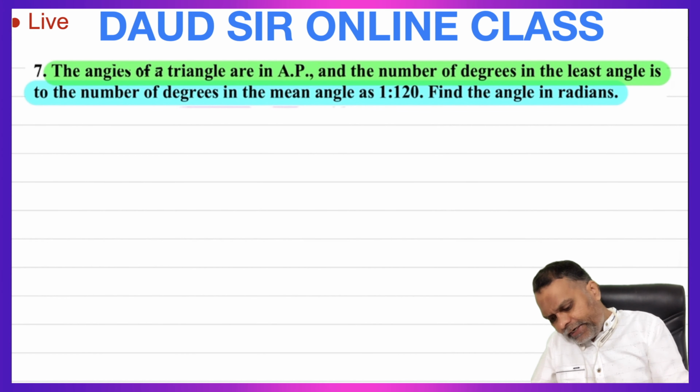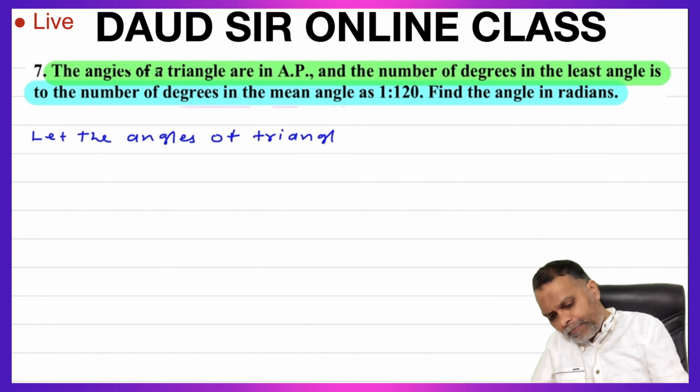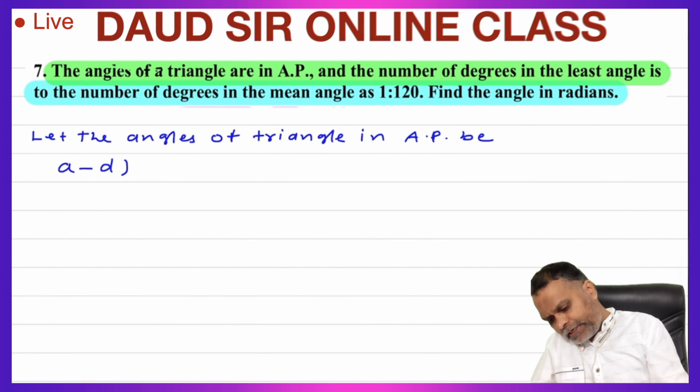So let the angles of a triangle in AP be A minus D degree, A degree and A plus D degree.